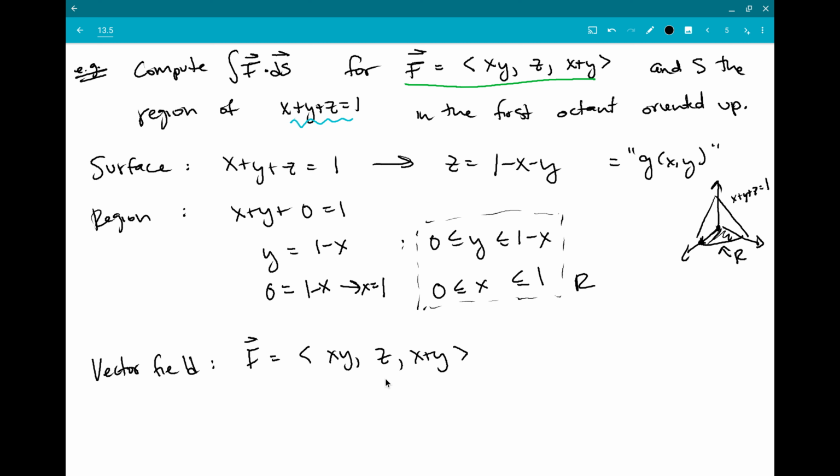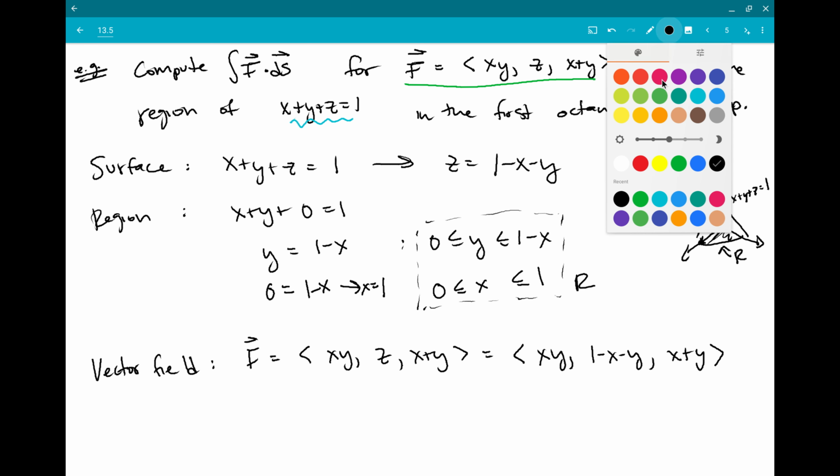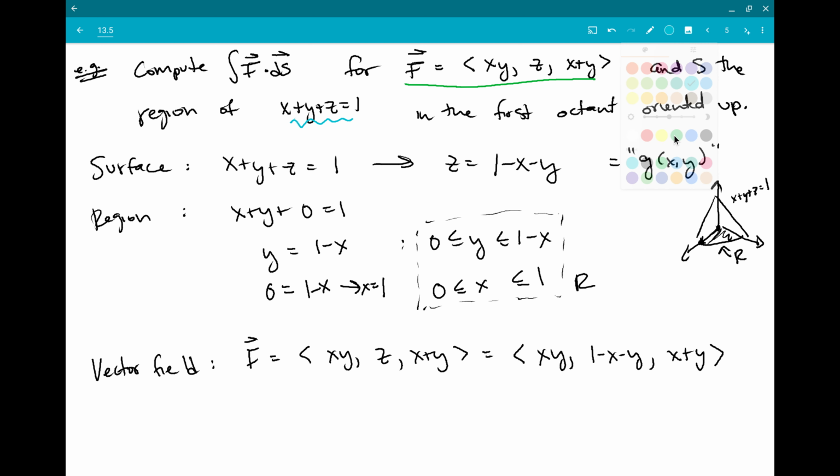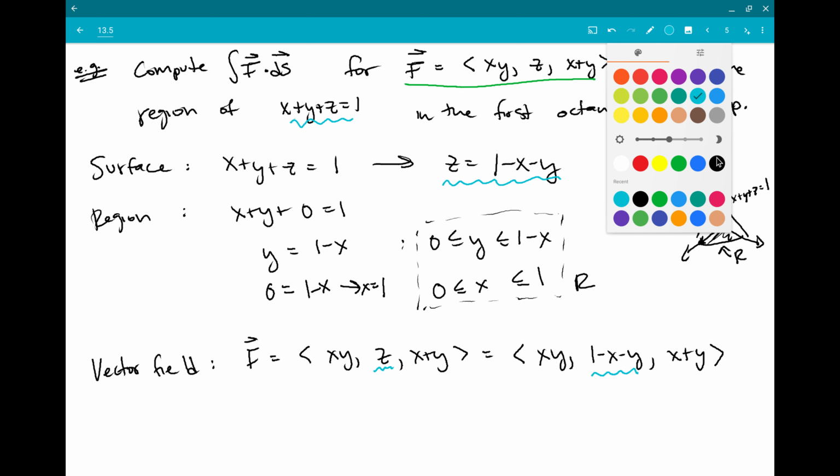But I have to remember that any of my 3D variables z should be replaced by their definition in terms of the surface. So this actually becomes xy, 1 minus x minus y, x plus y. Where I saw z, I just replaced it with my definition of my surface.